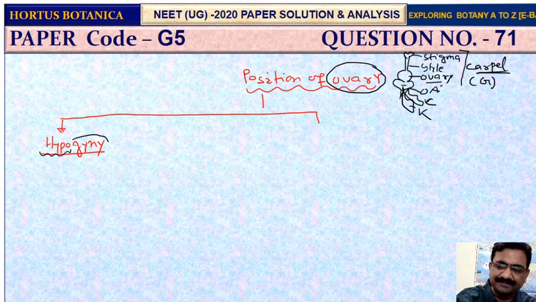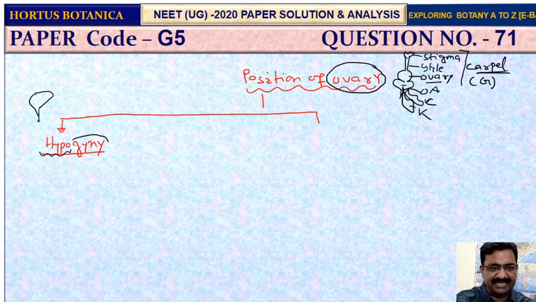When you talk about a flower with a thalamus, this thalamus has several positions. This is the first position, second, third and fourth. The upper one is this structure.